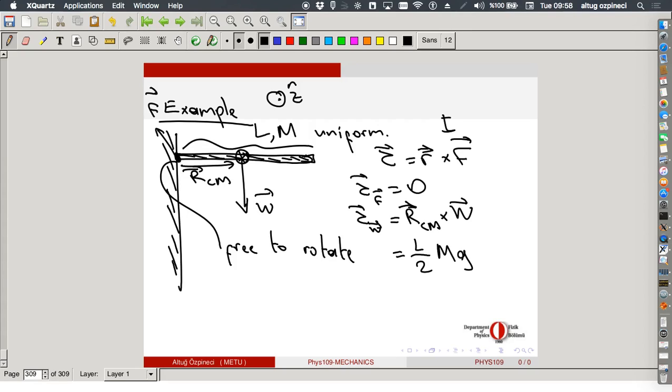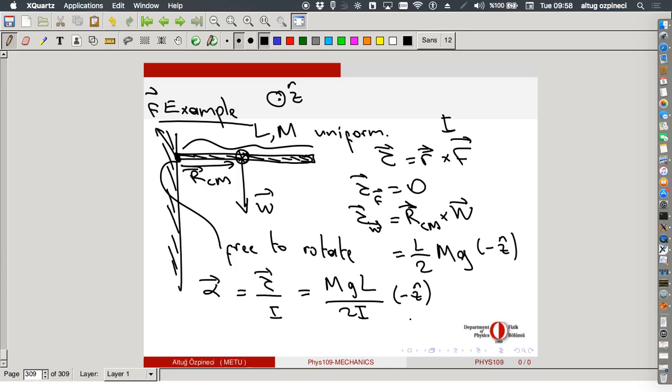This is r, this is W. Imagine r rotating towards W. Take your right hand, curl your fingers in the direction of rotation. This is into the screen, the minus Z direction. This is the torque. The angular acceleration is just torque divided by I. This is mgL divided by 2I in the minus Z direction.